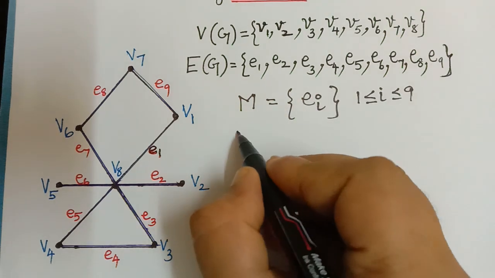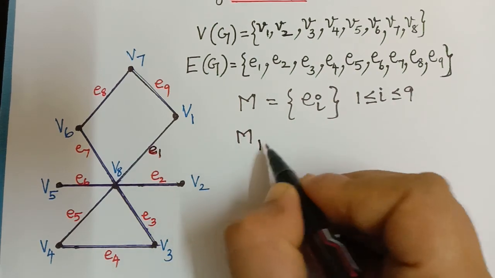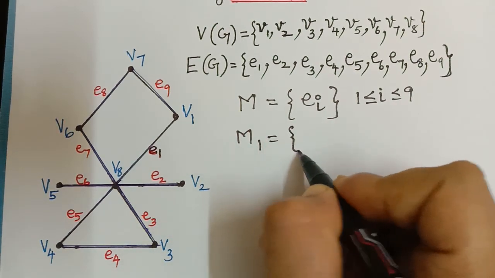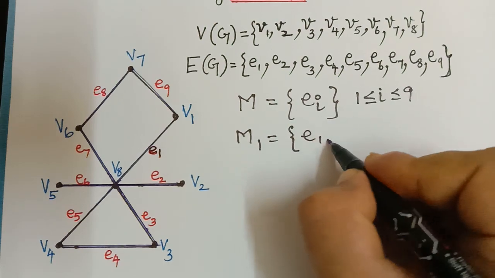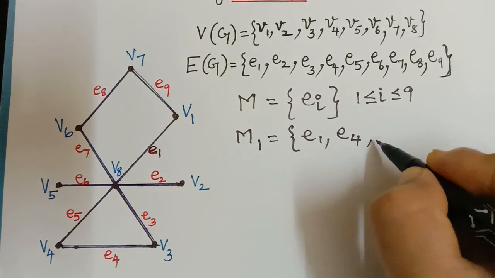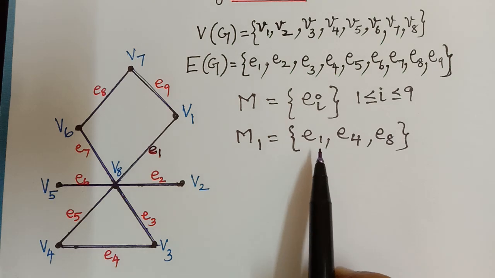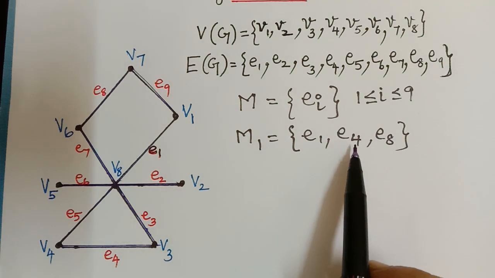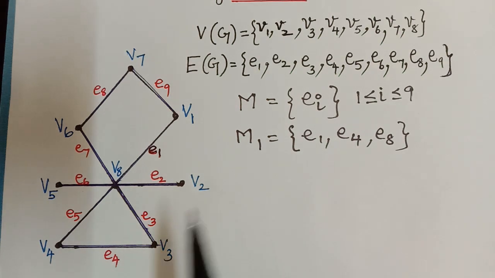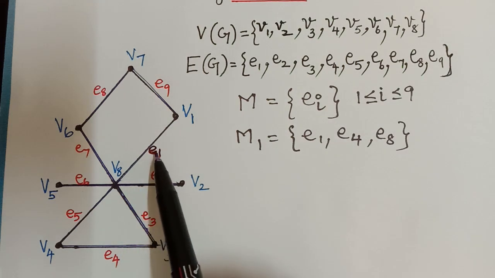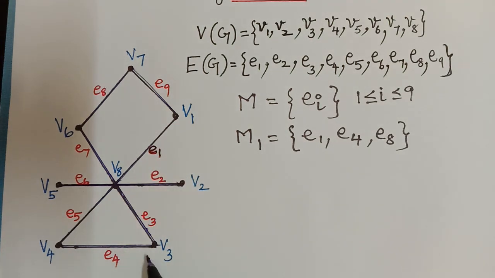Now let us consider a matching M1 equal to E1, E4, E8. If we check here, E1 and E4 are not adjacent to one another.